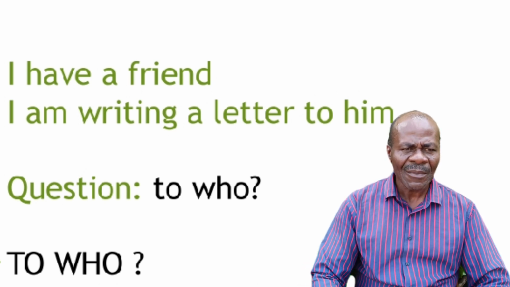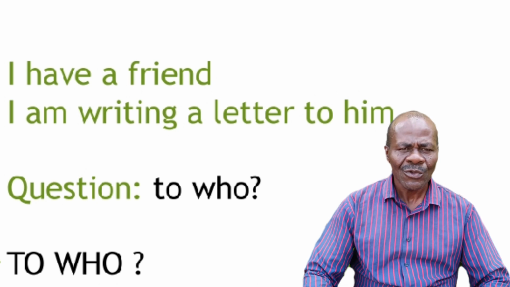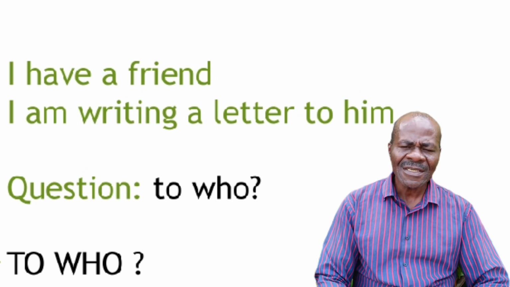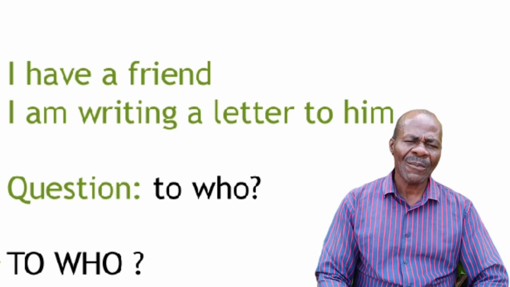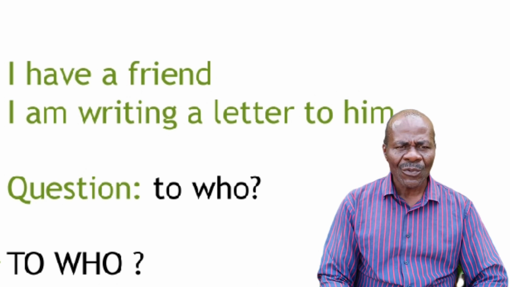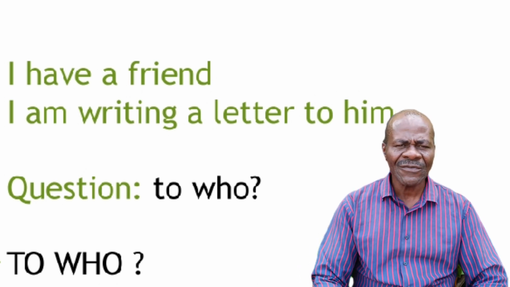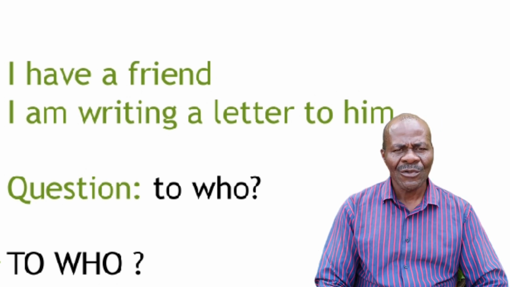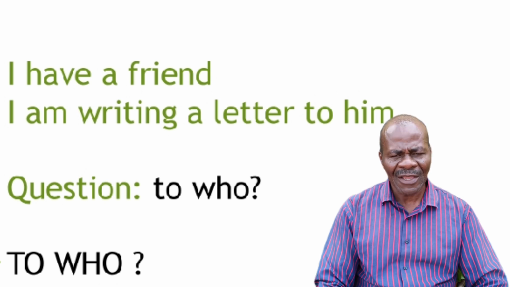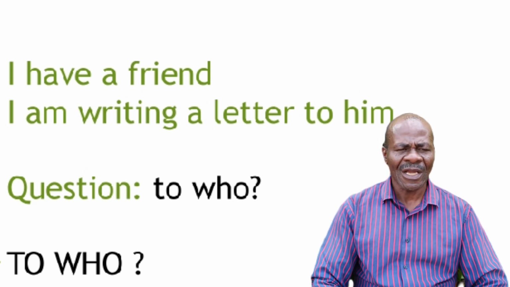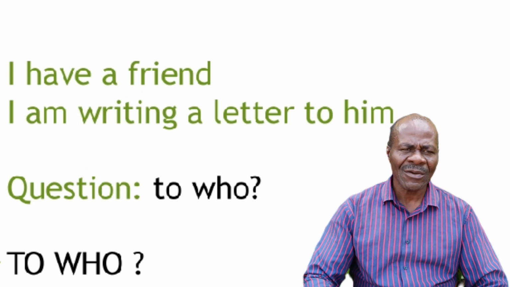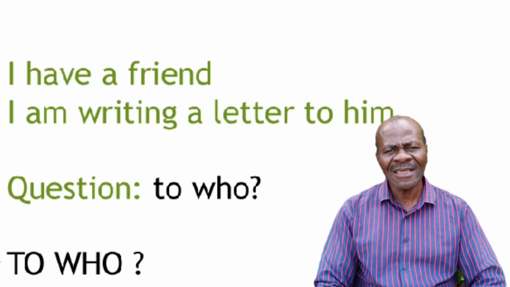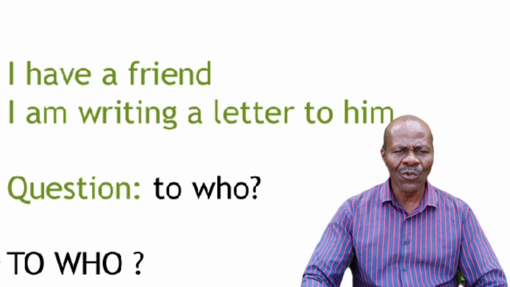So now, I am writing a letter to who? To my friend. To get the answer, you see that we are using the preposition to with the interrogative word who to get the answer, my friend. So this brings us to know that my friend in this sentence is an indirect object. To who?